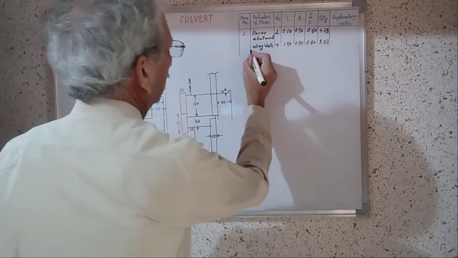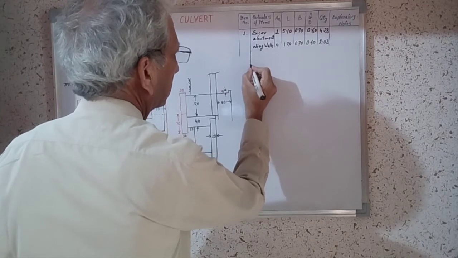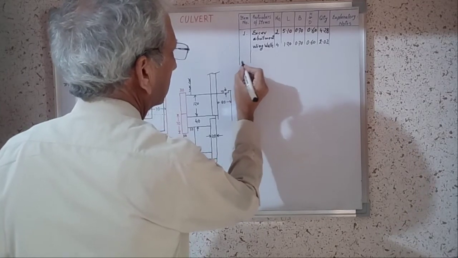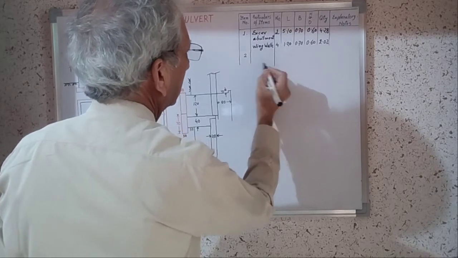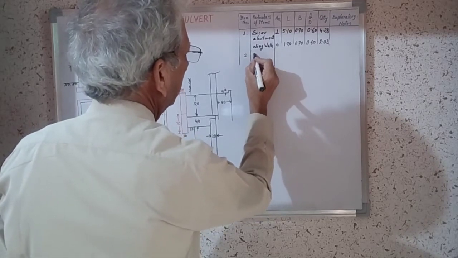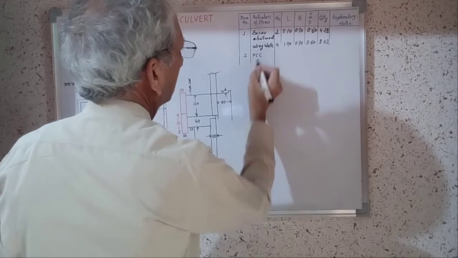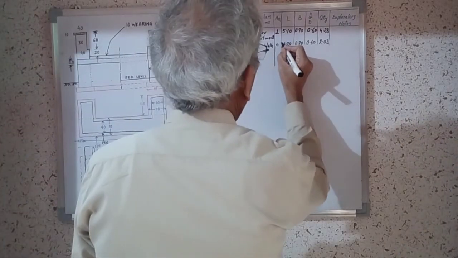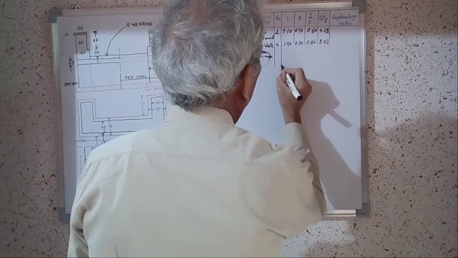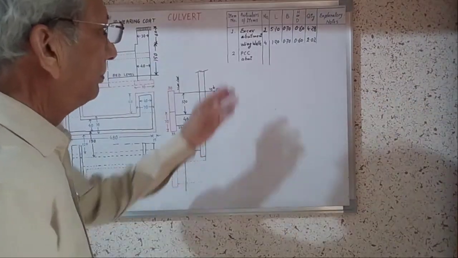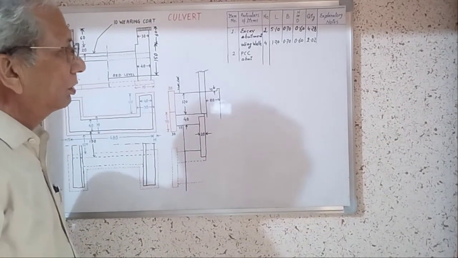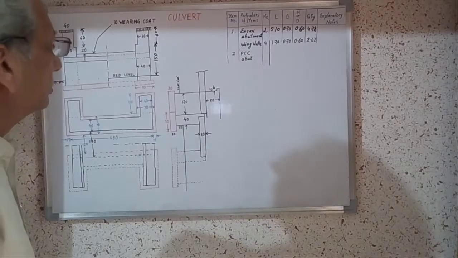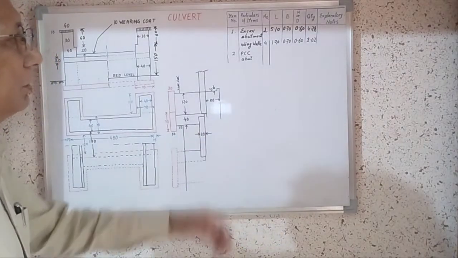Now, next item. Number 2, plain cement concrete, PCC. We will calculate the quantity of PCC for all these items. Now, first we will take abutment.